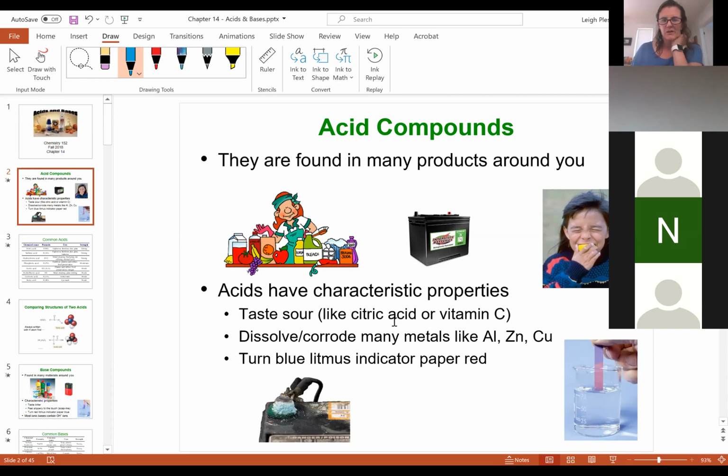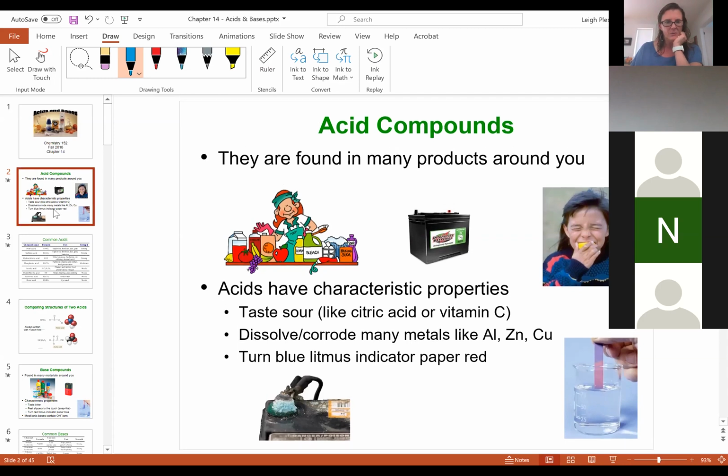They taste sour, and the citric acid, which is in lemon and lime and orange, tastes sour. They have the ability to dissolve metals, and they turn blue litmus paper to red.